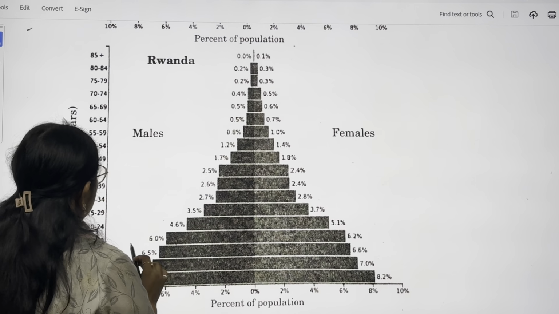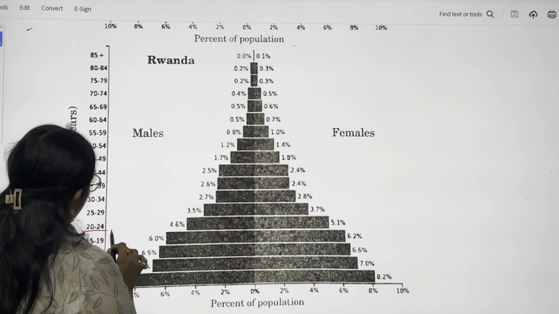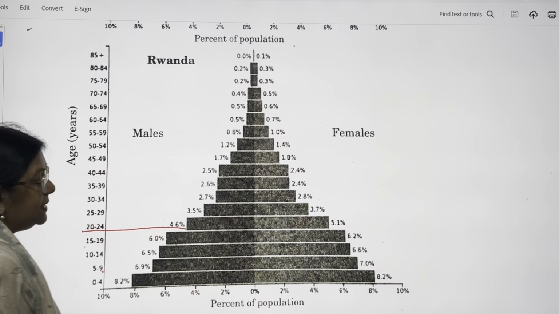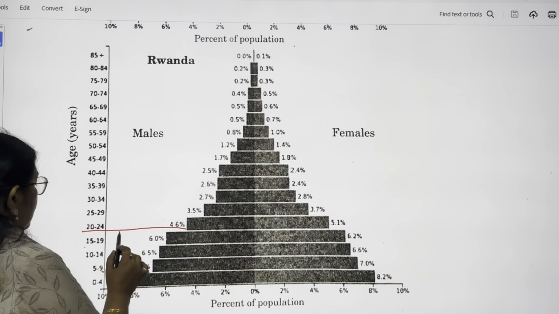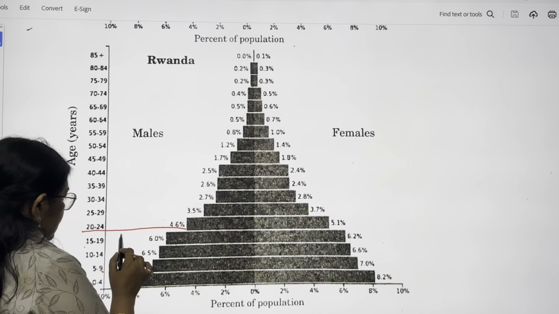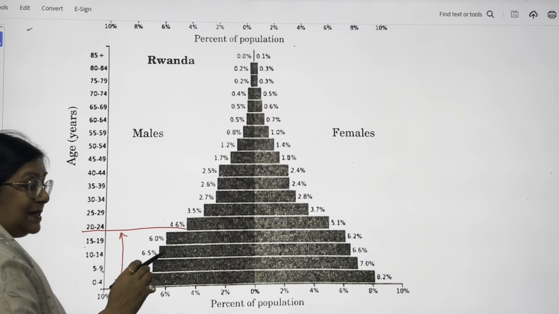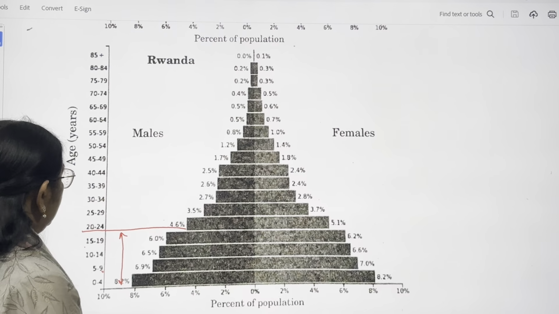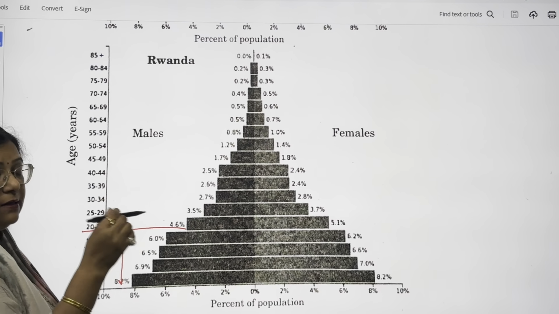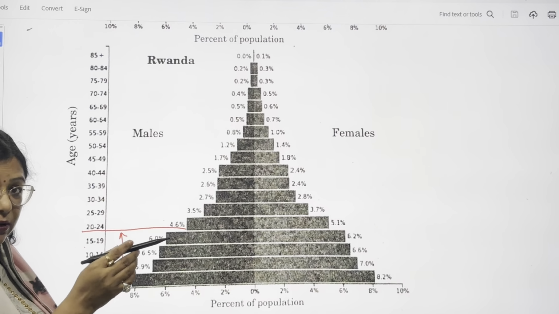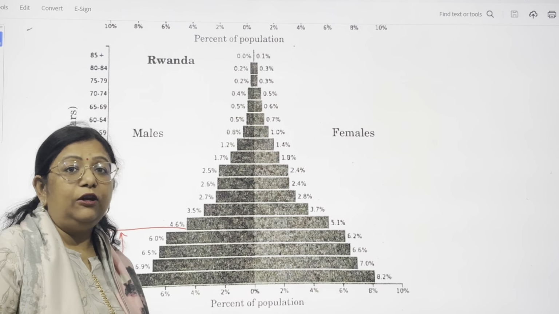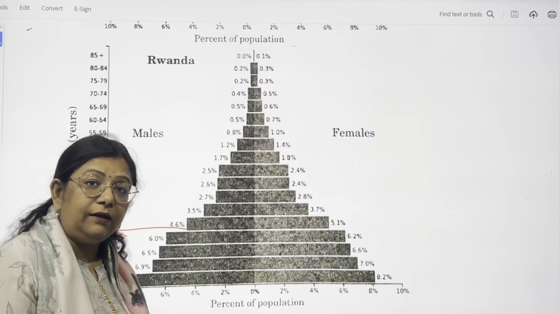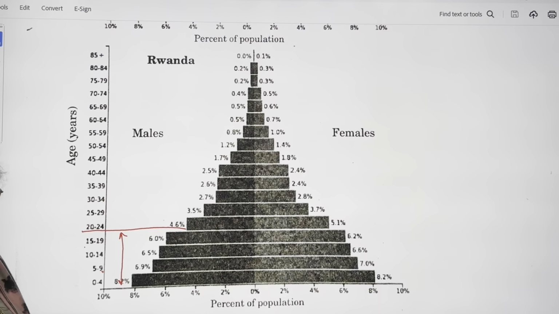Earlier it was for 20 to 24 years it is 4.6%, whereas in the pre-reproductive case it is more. It means in the future the reproductive population will be more. The number of males and females of reproductive age will be more. So you can say that in the near future the population will increase. Okay. Now let us see the questions.